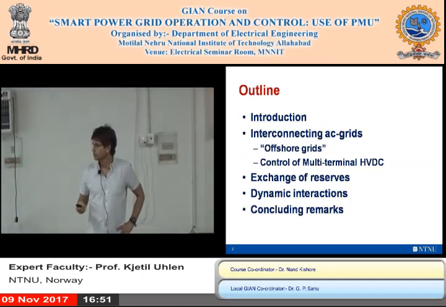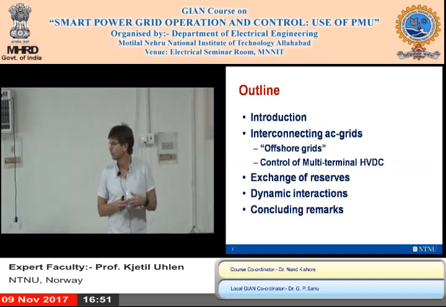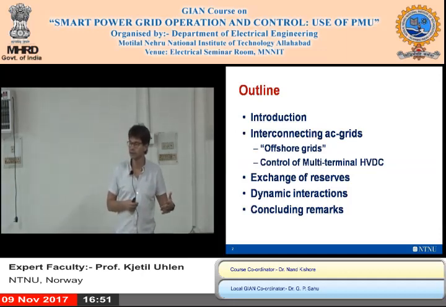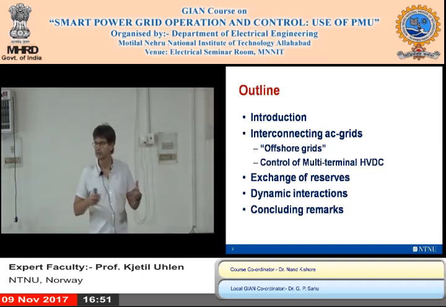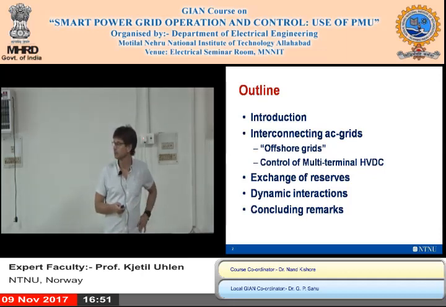Then the question becomes, how do you control such a system? How do you exchange reserves like you would in an AC grid? How does it behave in terms of dynamics? Are there any dangerous adverse interactions when you interconnect AC grids through a DC?